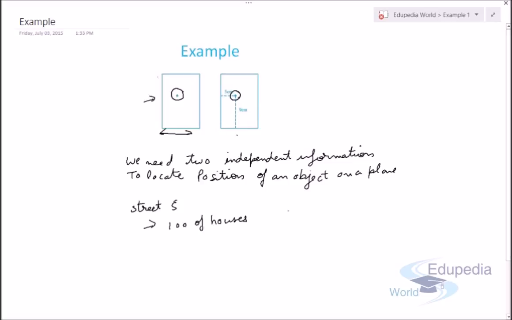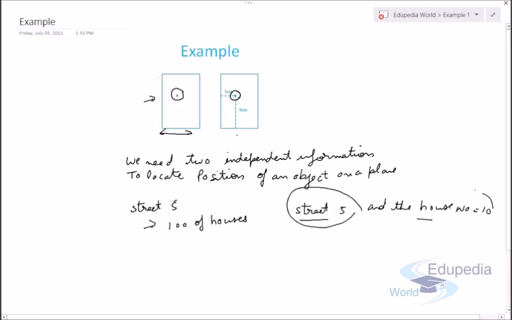So when your friend says come to street number 5 and the house number is 10, you can exactly locate the house. So we have two independent pieces of information, street number 5 and house number 10, so that you can reach the exact place. So this is the use of coordinate geometry.